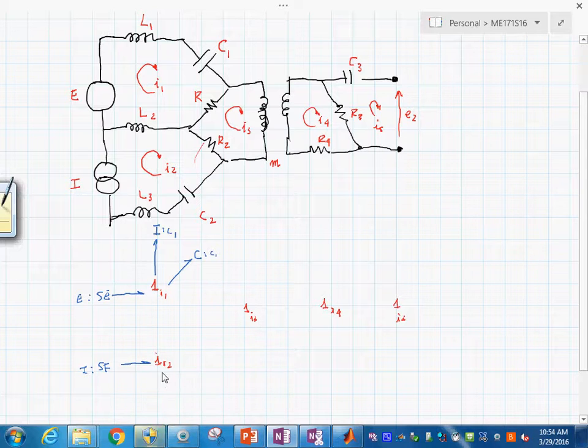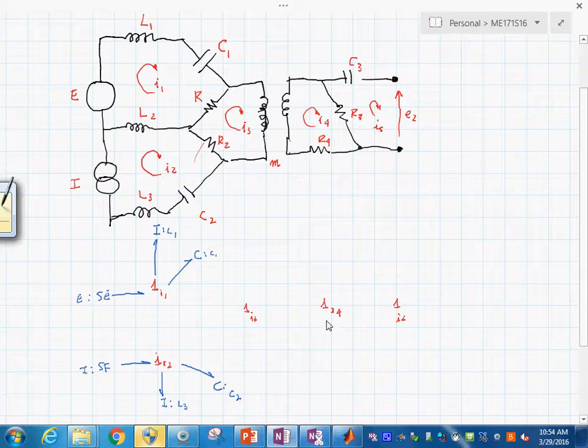On I sub 2, we also have the C element with value C sub 2. In between, the only one that we can do for this is the R element with value R sub 4, like this.